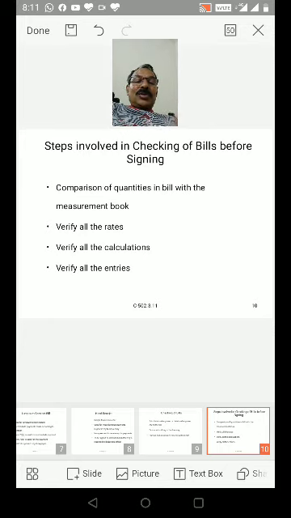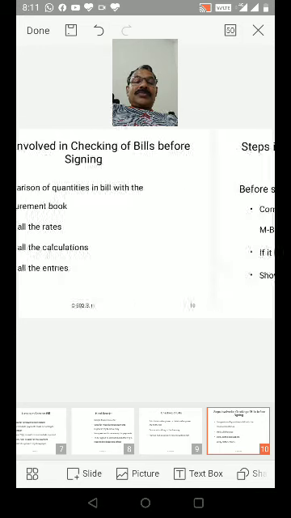These are the steps involved in checking of bills before signing by the deputy executive engineer or executive engineer while submitting to the treasury for payments.